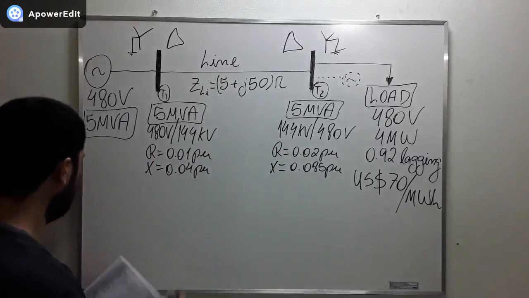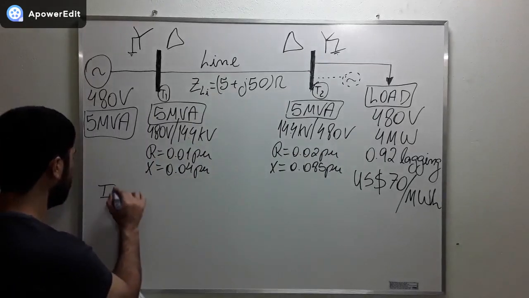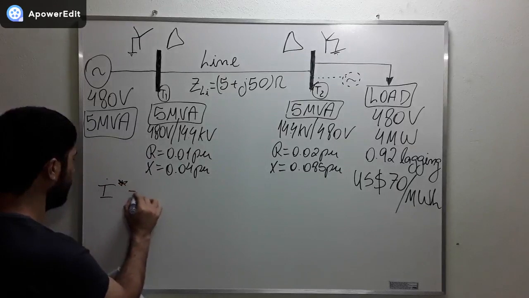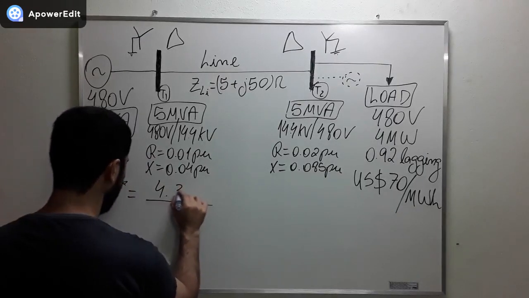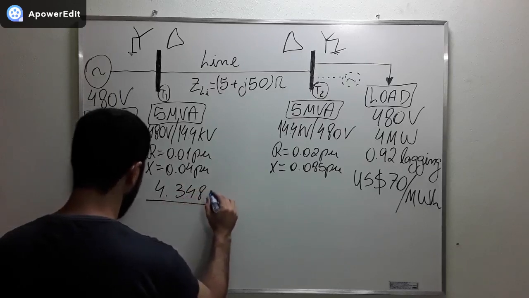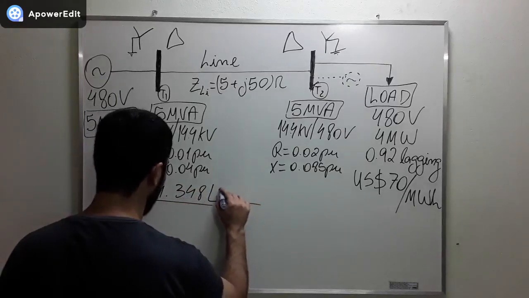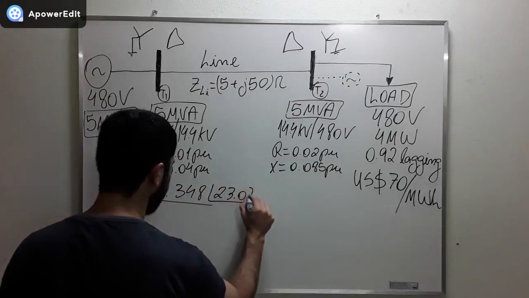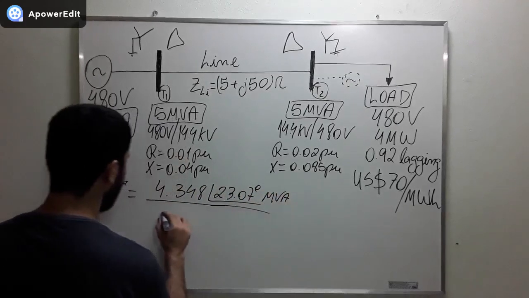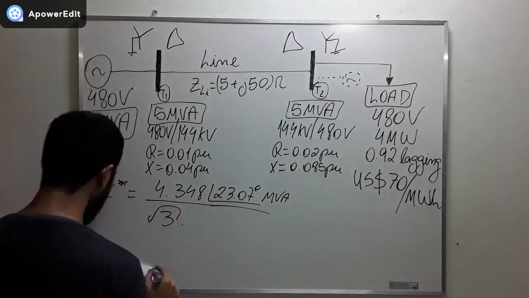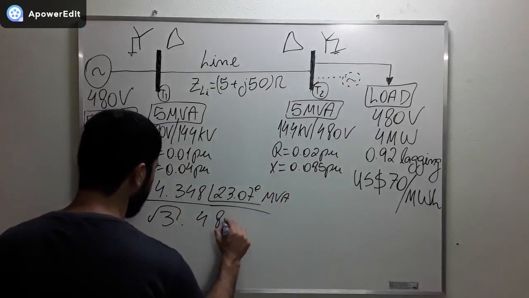So to find the complex conjugate of the current, we simply take this 4.348, the value of the power that we just calculated, and divide by the square root of 3 and the value of the voltage.